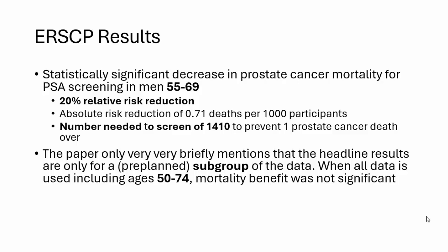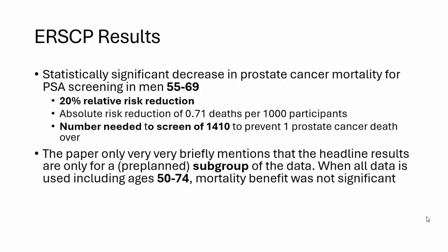The paper only very briefly mentions that the headline results are only for a subgroup of data. When all the data is included with all of the participants that were enrolled from ages 50 to 74, there was actually no mortality benefit that was statistically significant.